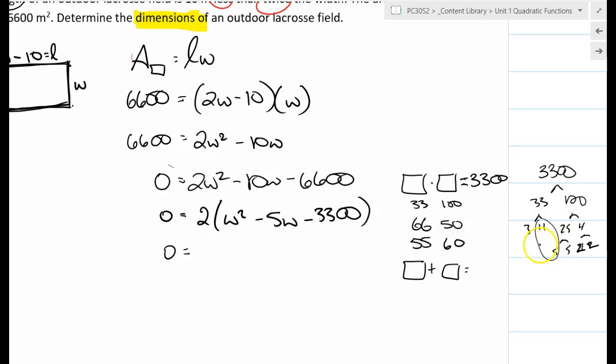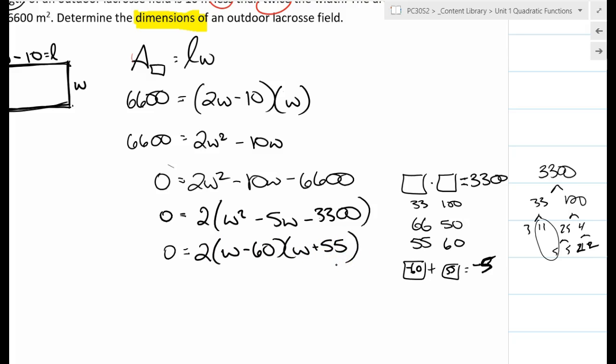So I went with 55, 5 times 11, and then all the rest of these pieces multiplied together give me that 60. And their difference is 5, so when they need to add to -5, I can do that if it's -60 and +55. So my final factors are W minus 60 and W plus 55.